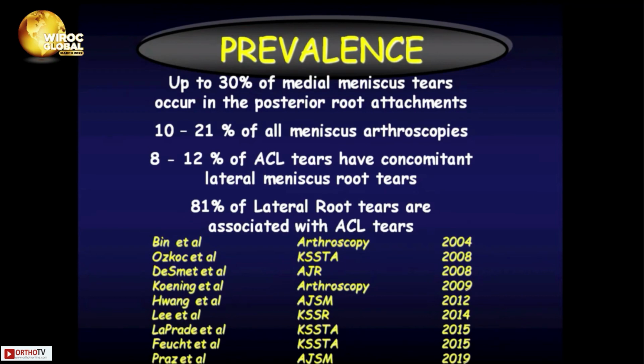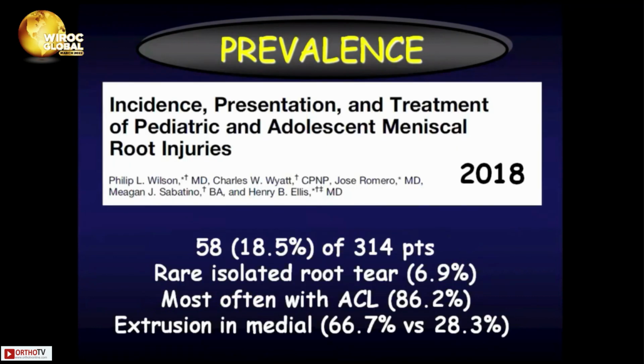And what about lateral meniscus root tears? It's mainly with the ACL tear. 80% of the lateral root tears are associated with ACL tears, and 10% of ACL tears have concomitant lateral meniscus root tears. So we must identify these tears and we must treat them appropriately, especially in young patients with lateral meniscus tears.